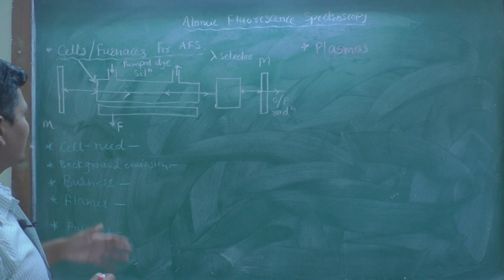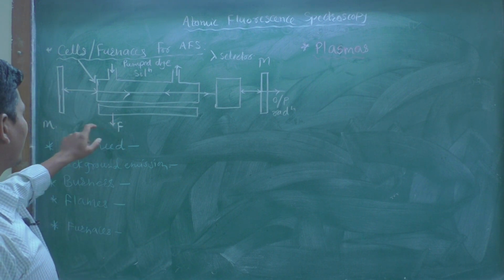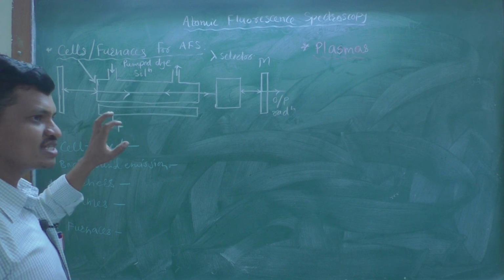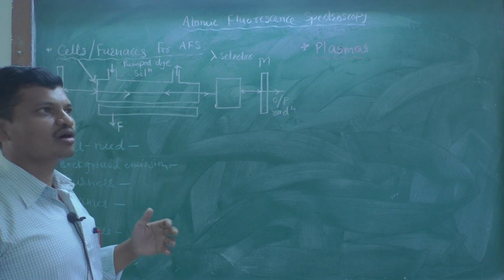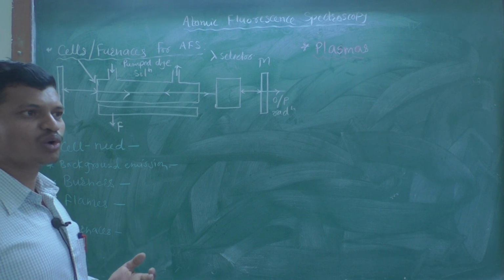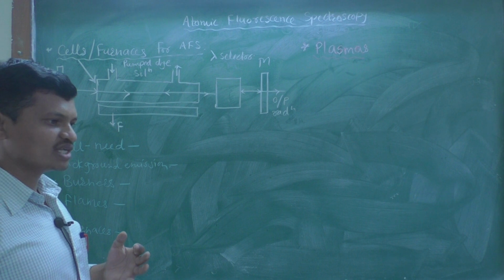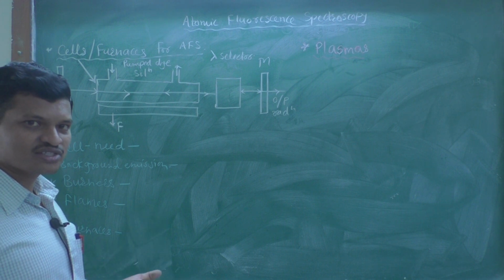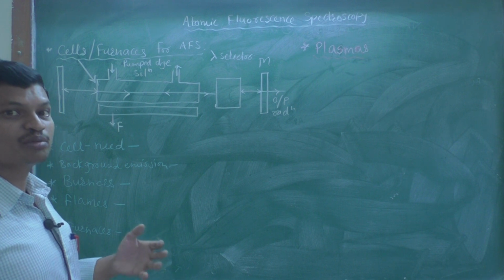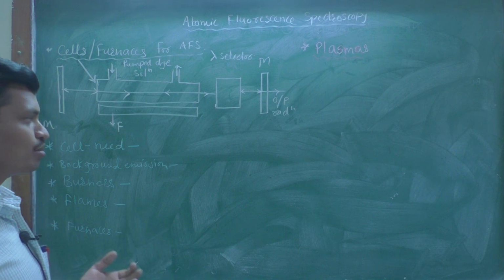Here F stands for flash lamp, which is nothing but a source of electromagnetic radiation. It may be a hollow cathode lamp, an electrodeless discharge lamp, a laser such as a ruby laser or excimer laser, or an ICP, that is inductively coupled plasma.